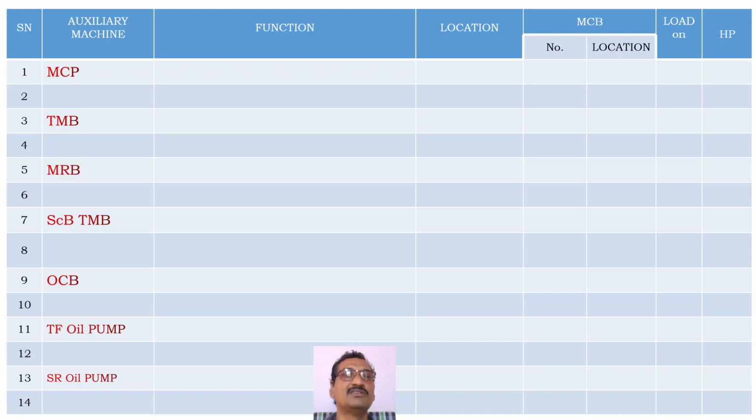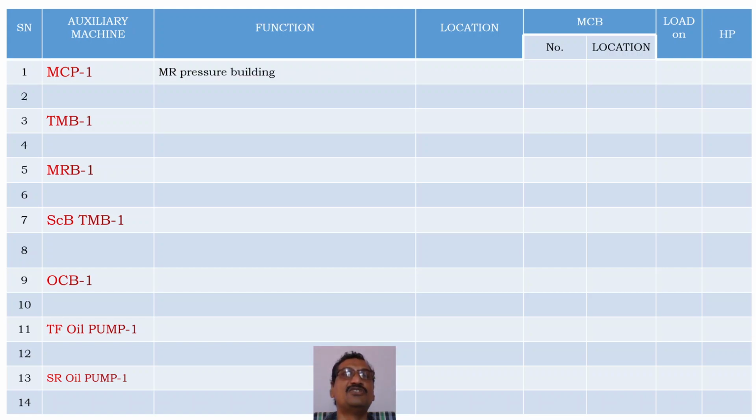You can find here they are either blowers or pumps, and because there are only 7, this set consists of the letter 1, and the remaining set is denoted with the letter 2: MCP1, MCP2, TMB1, TMB2, like that. So we are discussing only 7, so that we can extend our discussion to the remaining 7 just by duplicating this information.